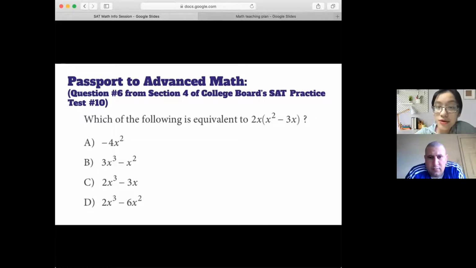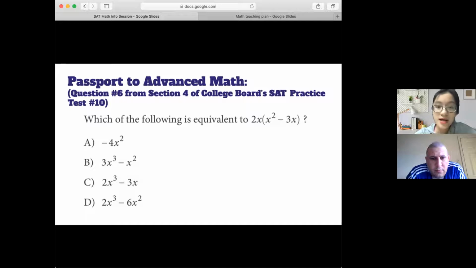Unlike the previous question, we are given 4 choices. A, negative 4x squared; B, 3x cubed minus x squared; C, 2x cubed minus 3x; or D, 2x cubed minus 6x squared.